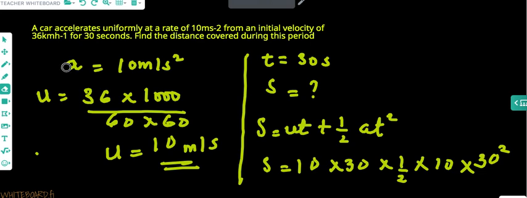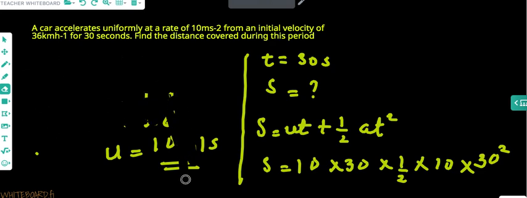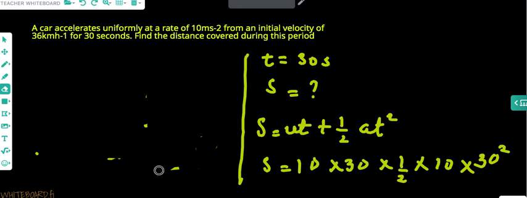By doing this, it's very easy now. We can use our calculator to finish it off. That is 10 times 30, which is 300. Before then, we can cancel the 2 and 10 here, it will be 5.